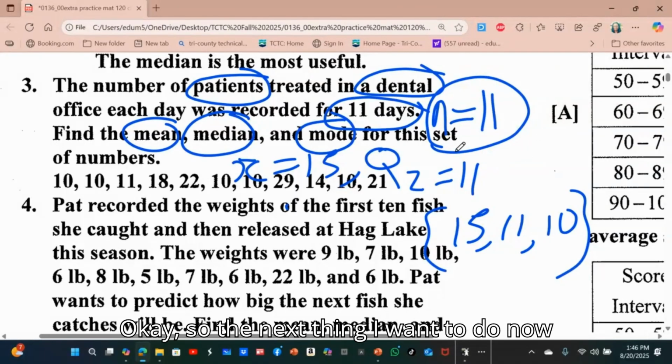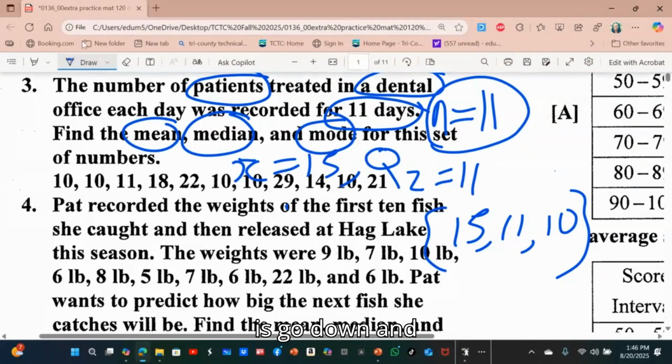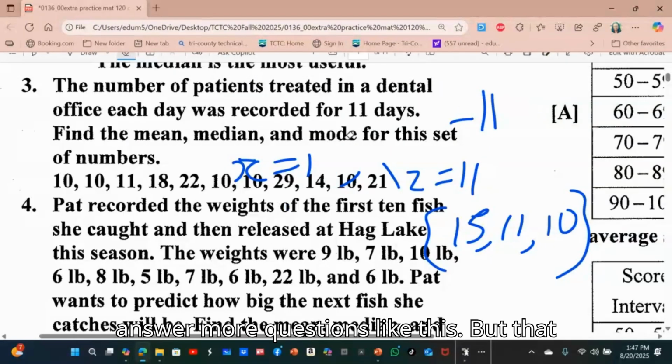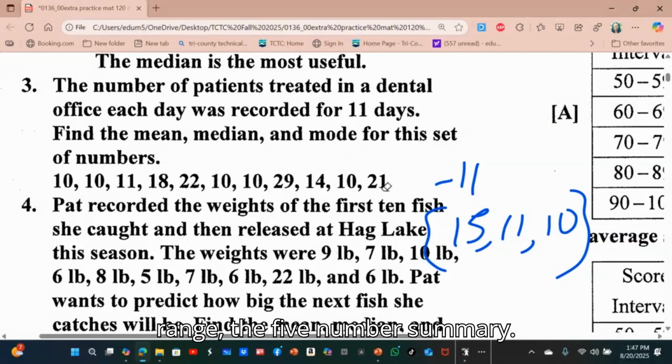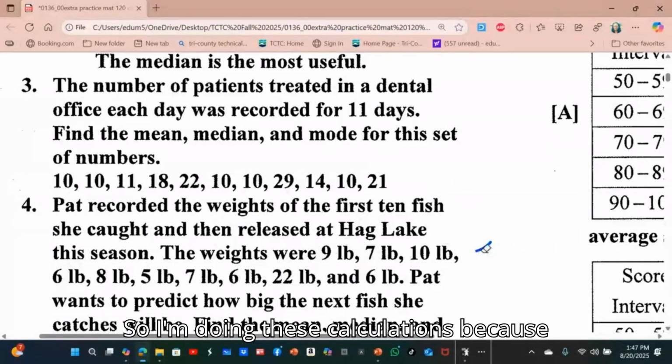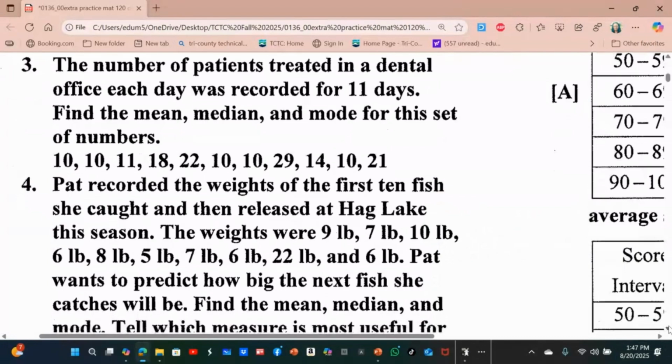Okay, the next thing I want to do now is go down and answer more questions like this. Those questions will be asking us about the range, the interquartile range, and the 5-number summary. I'm doing these calculations because you really need to know how to do them.